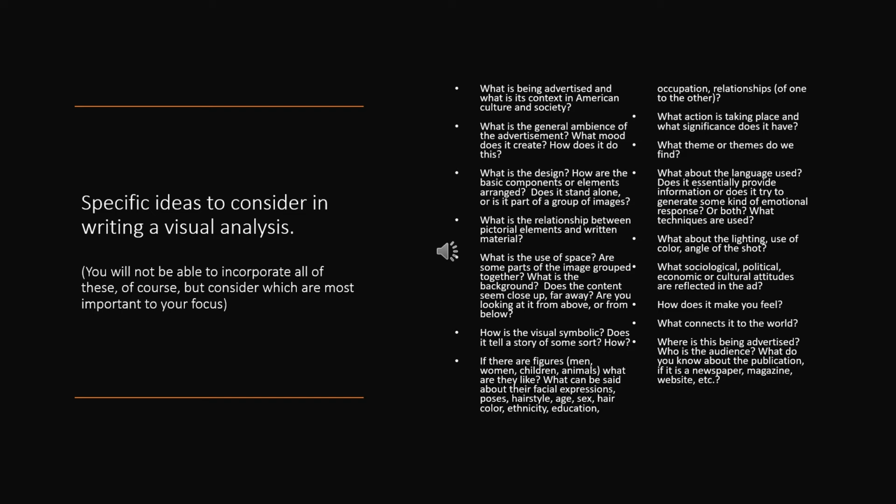What you'll be doing is thinking about which of these questions are most important to your particular focus. You will not be able to incorporate all of these ideas into your paper, but many of them will be important to how you craft your argument and find support. So first of all, what is being advertised and what is its context in American culture and society? The three ads I have are different.